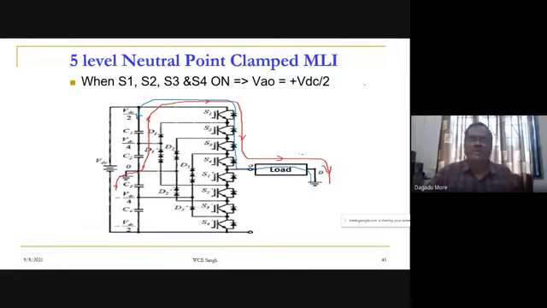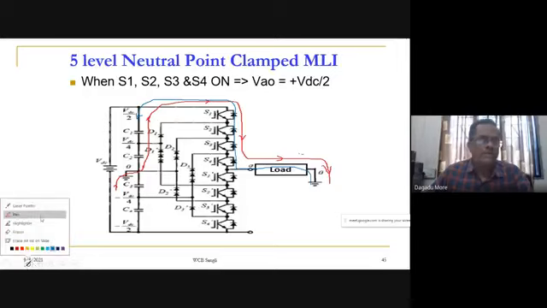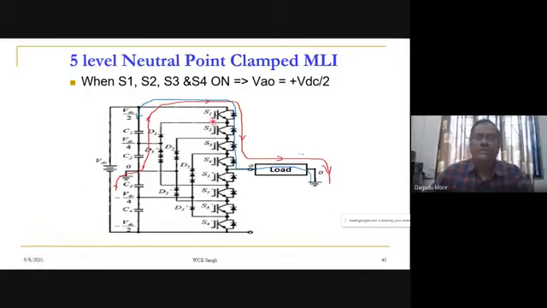So this is the first level, when the upper 4 devices S1, S2, S3, S4 are on. Now we get VAO equal to plus VDC by 2.